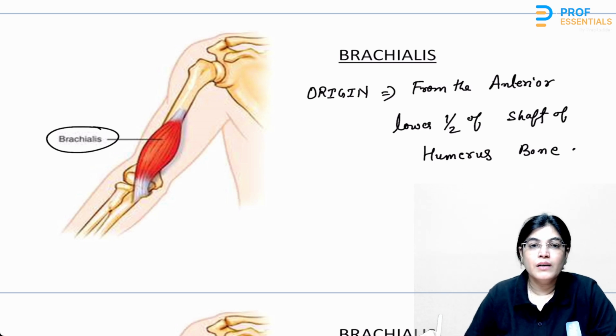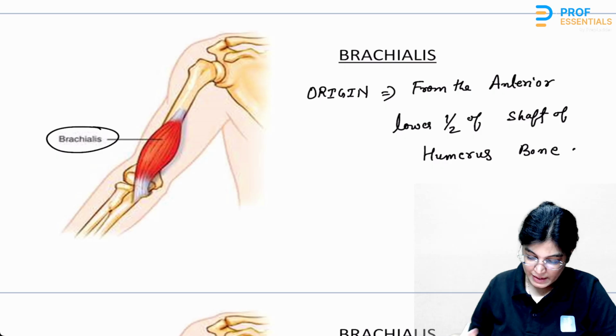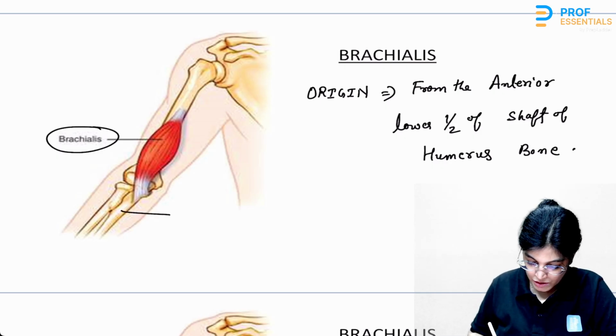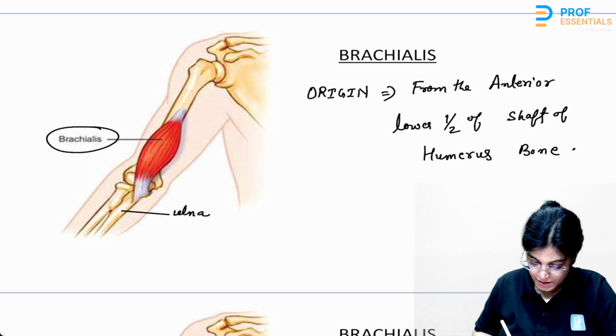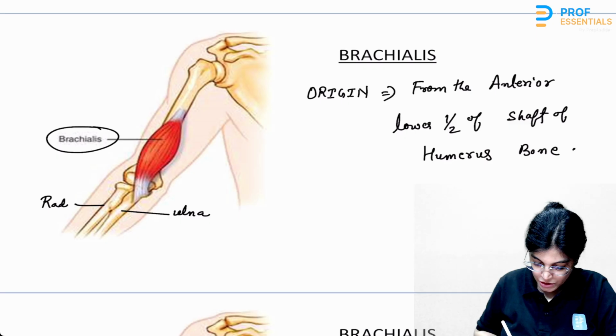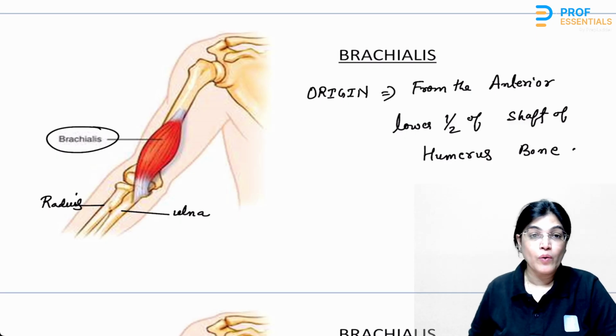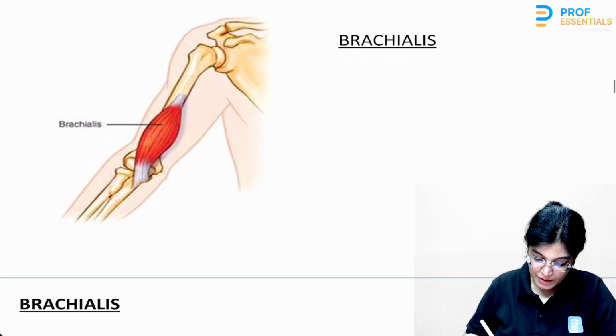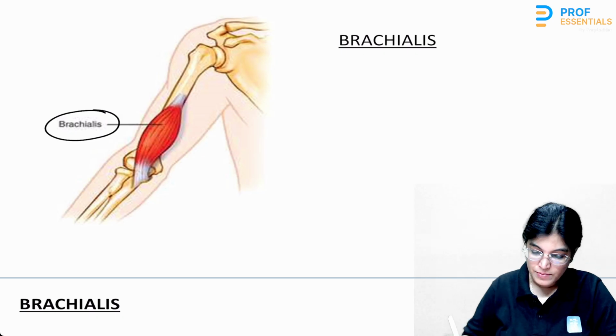Now coming to the insertion point, you can see it is going towards the ulna. This is the ulna and this is the radius. So its insertion is towards the coronoid process of the ulna. This is the insertion point of the brachialis muscle.